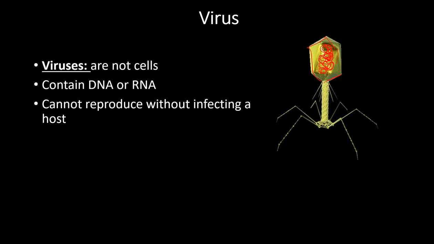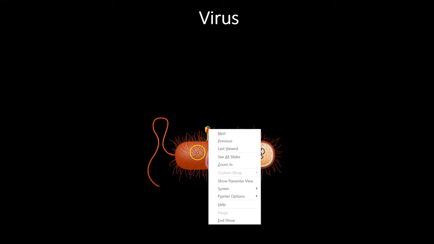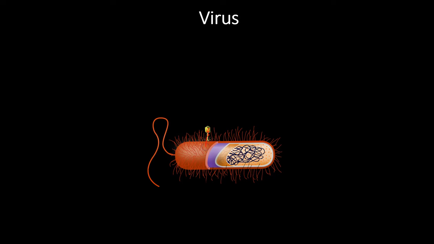So how does a virus replicate? How does a virus make more of itself? The first thing it has to do is infect a host. This would be a virus infecting a bacterial cell. What's going to happen is that the virus is going to shoot its DNA or RNA into the prokaryote, into the cell.